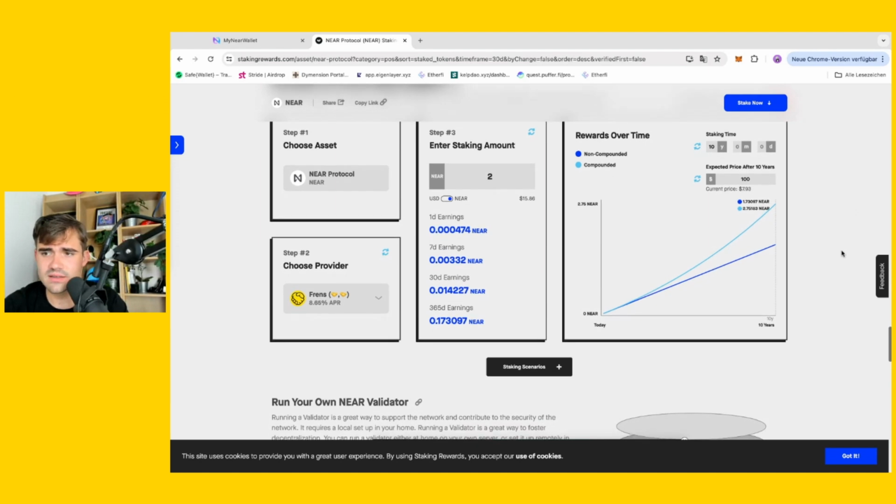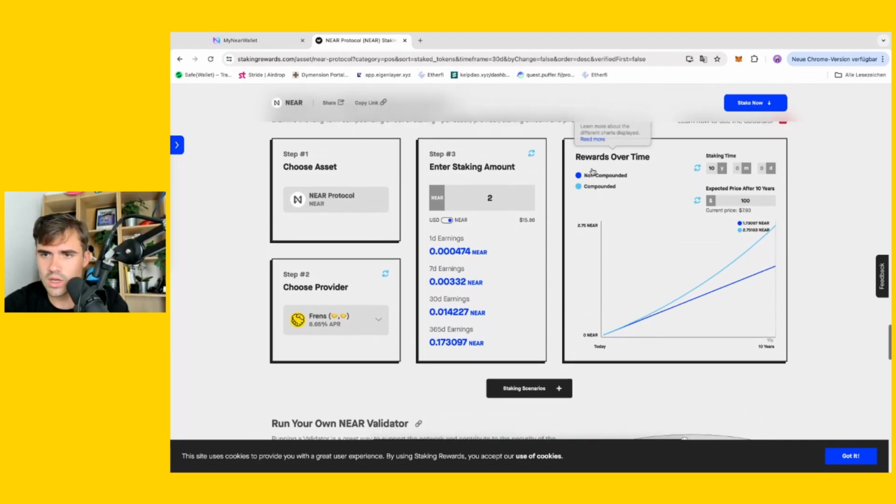Then you can see that there are two different ways to look at it. One is the non-compounded way, and the other one is the compounded way. So if you stake NEAR for 10 years and you don't compound, then you end up with 1.7 NEAR, which is less NEAR than you originally staked.